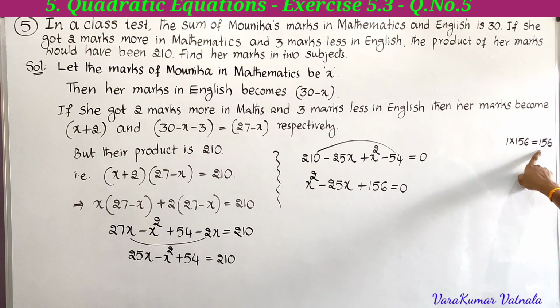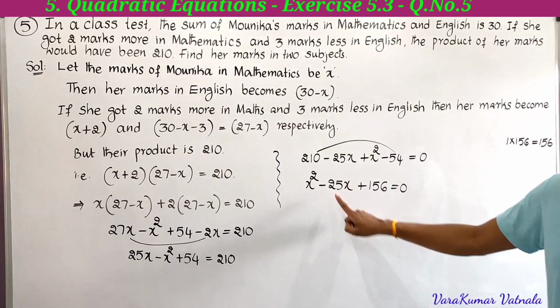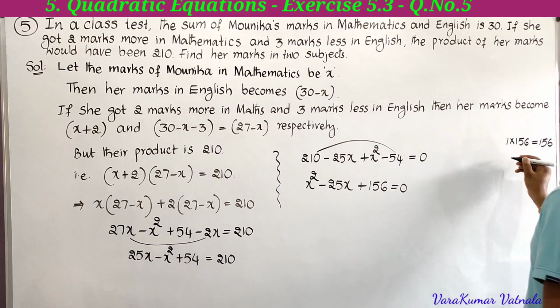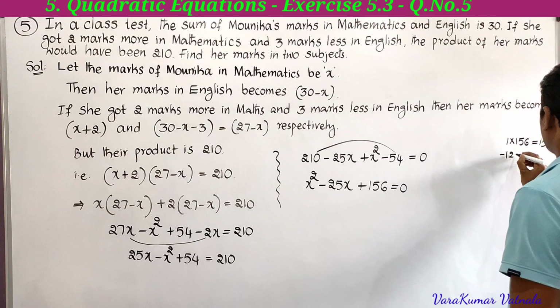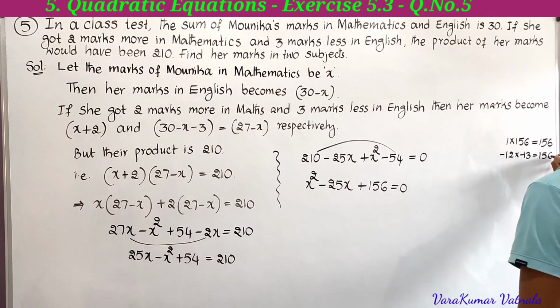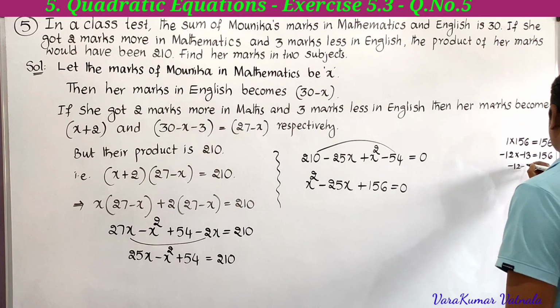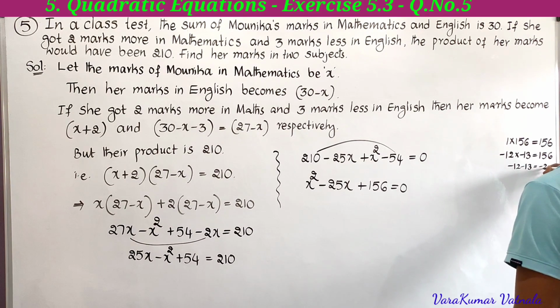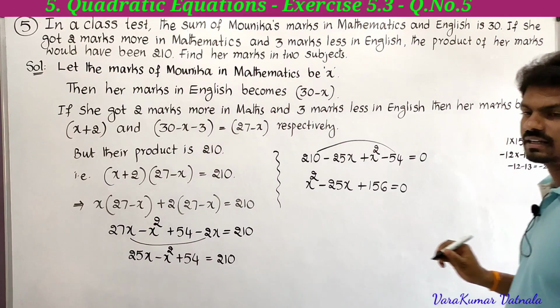The condition is their product should be plus 156 and their sum should be minus 25. So I am selecting minus 12 into minus 13 is equal to plus 156, and minus 12 minus 13 is minus 25. So these two are the factors.